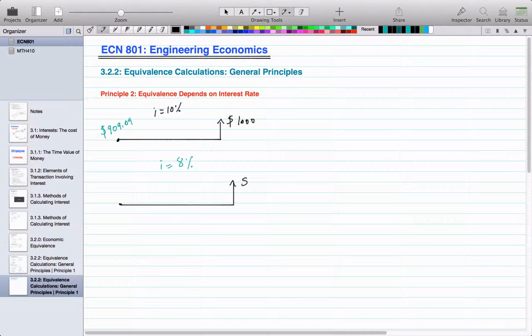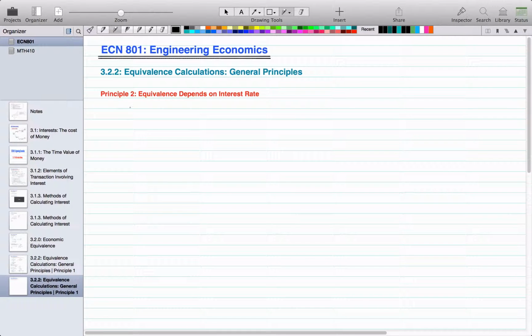So this $1,000 is no longer equivalent to this point, which was $909, but instead it's going to be 8% below $1,000. So that's the concept. So it's 925.93.